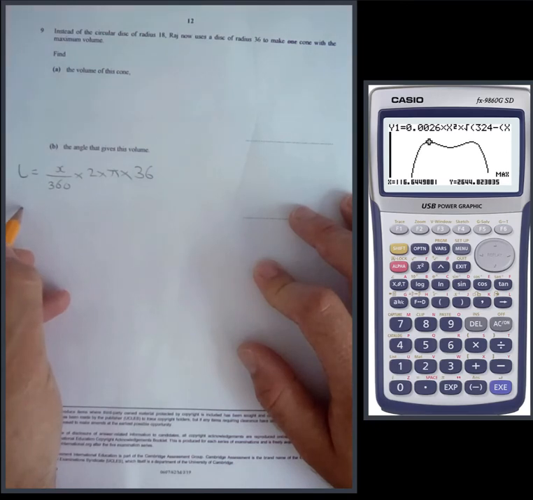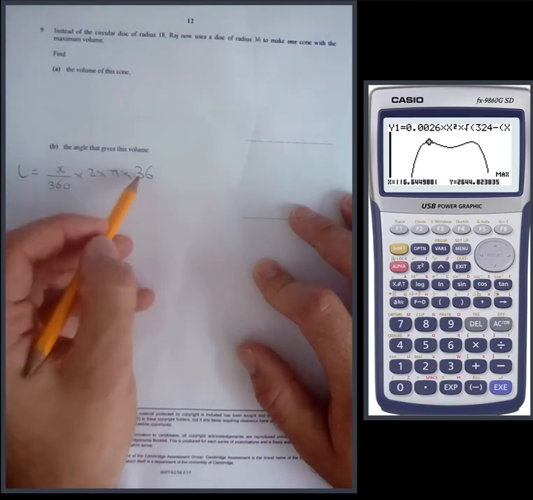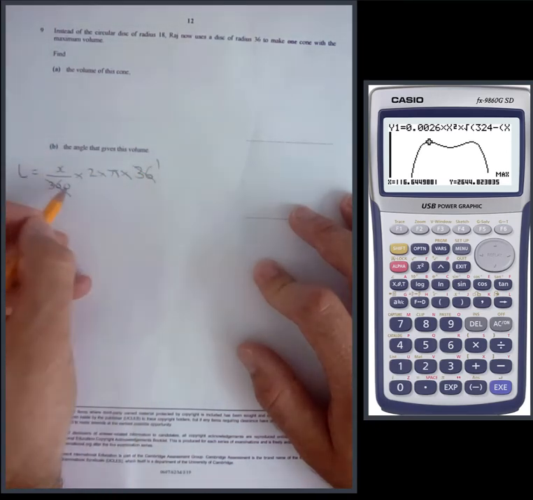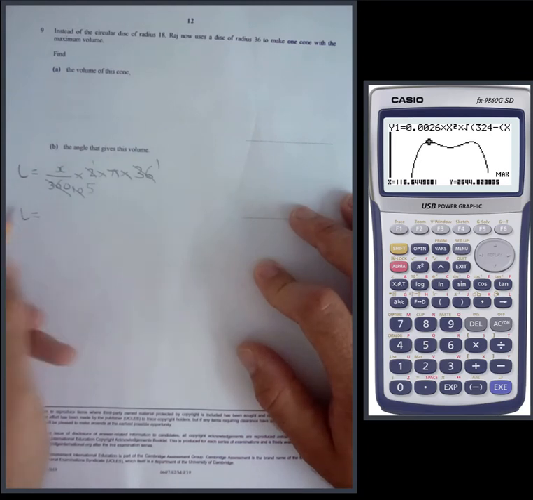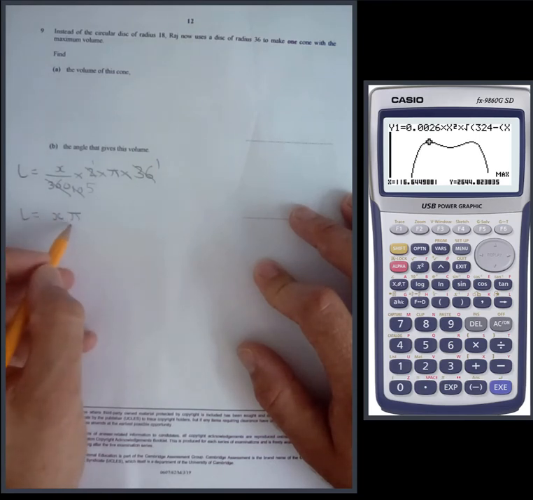So that means you've got 36 over 360, we'll cancel those to 1 over 10. Then you've got 2 over 10, which can become 1 over 5. So that means L equals pi x over 5, or x pi over 5.